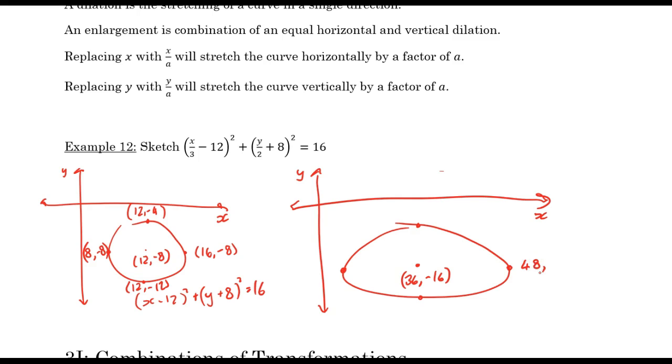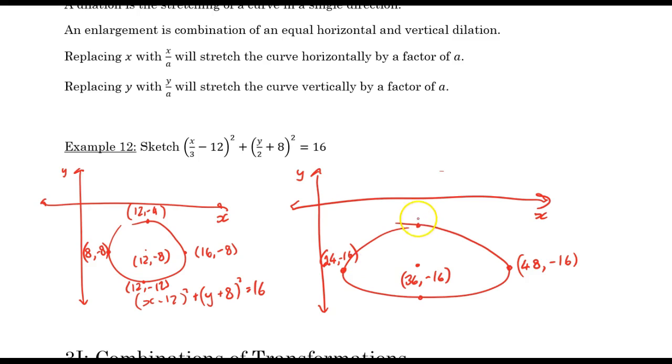Now, I double the y-coordinate, so that's negative 16. And over here, instead of being at (8, negative 8), 3 times 8 is 24, and 2 lots of negative 8 is negative 16. So that's that point there.